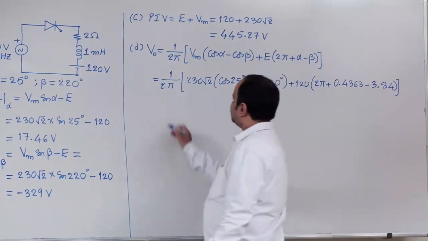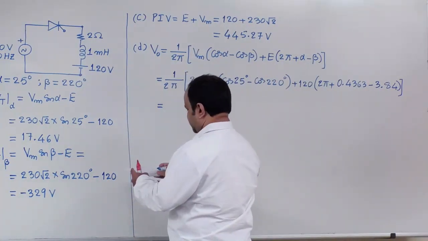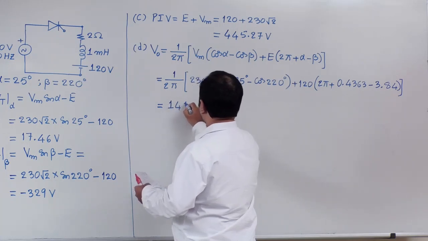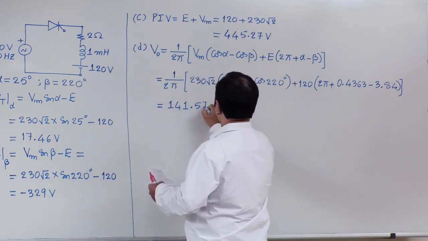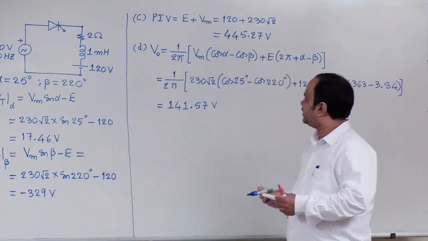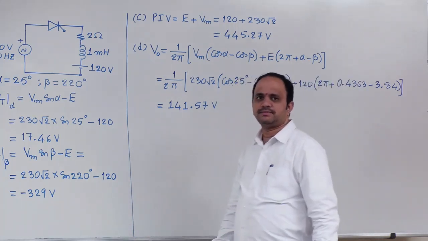So this calculation gives 141.57 volt. That is the average output voltage.